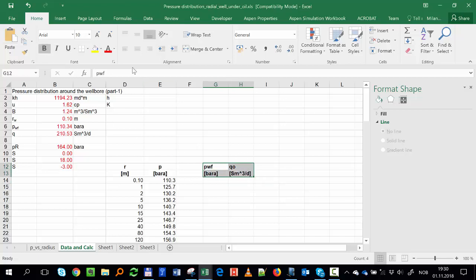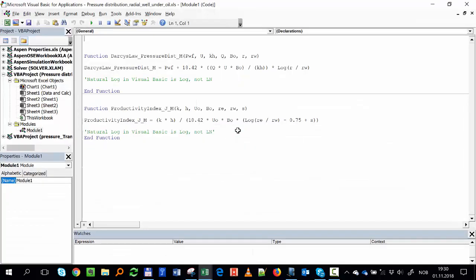I think I already have the equation of J. Let's see if we have it, Alt F11. Productivity index, J, the second equation listed here. We are going to use this equation, but here we need K and H separately.